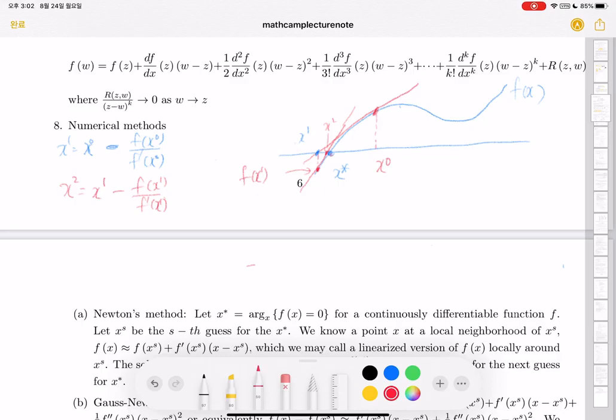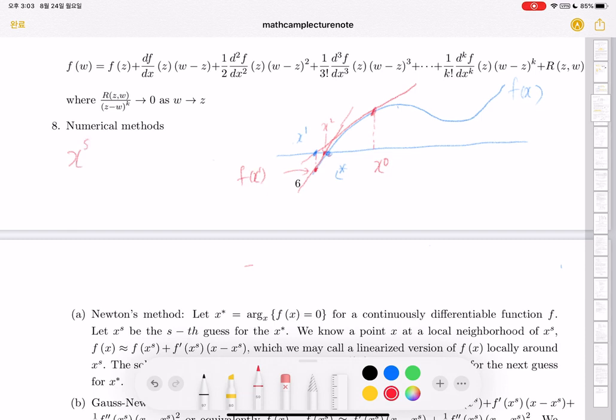So using this algorithm, you can get your new x closer to x star than the previous x. You can summarize this algorithm by: x of s plus 1 equals x of s minus f of x s over f prime of x s.